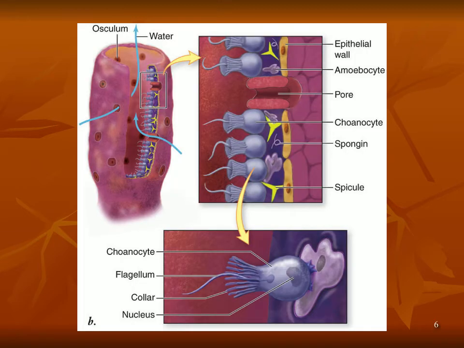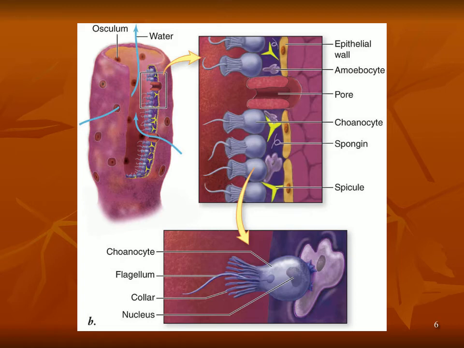So they cooperate. So here's a picture of a sponge, and it shows the water flow in through the pores and out through the osculum. The flagellated cells will line the inner cavity, the spongocoel, or sometimes it'll be kind of a little duct.